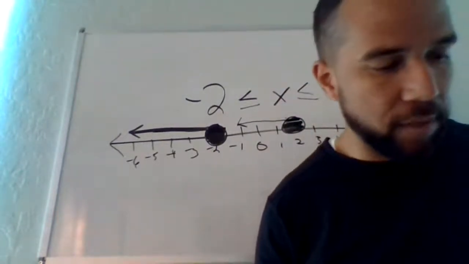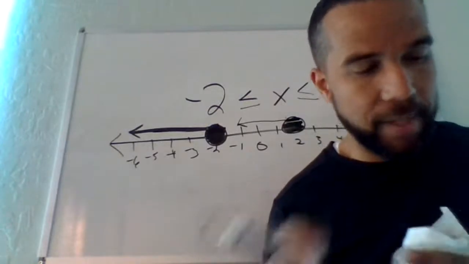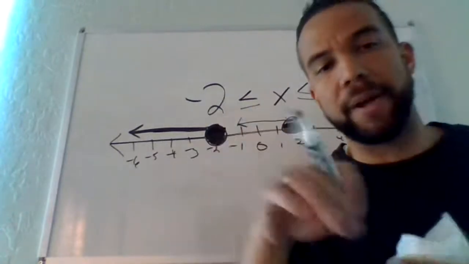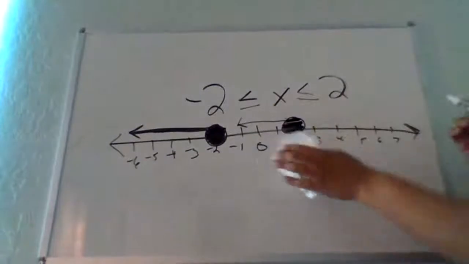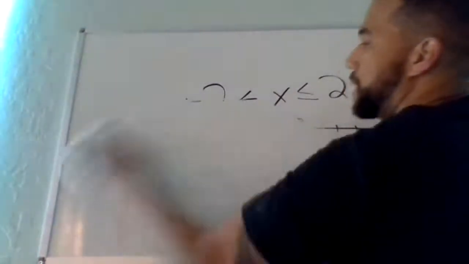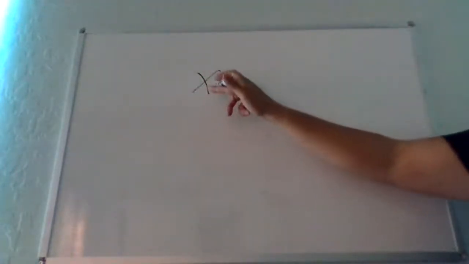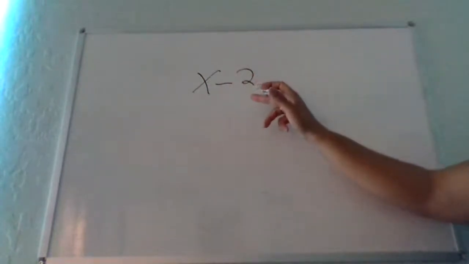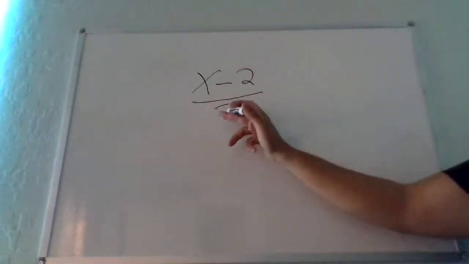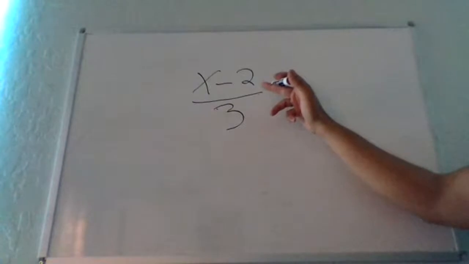So I'm going to give you another problem, not a compound one, and again, I want you to graph it as well. After this one, then we're going to have a compound inequality. Okay. And I picked these problems in particular because of their level of difficulty.